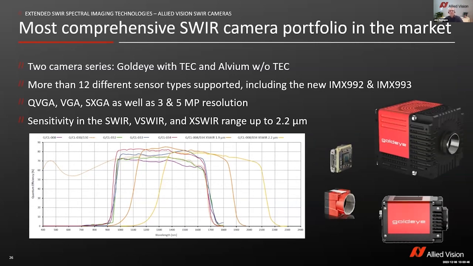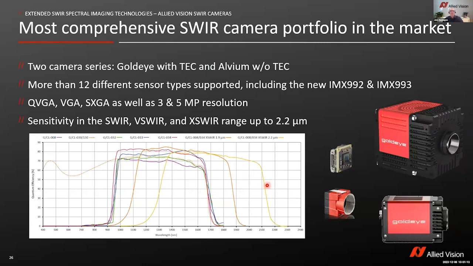So at the end, I would like to provide you a brief overview about our SWIR camera portfolio. We are offering 2 camera series, the Gold-Eye with sensors that have a TEC, and the Alvium for tagless sensors. These platforms host more than 12 different sensor types, as you can see here by the spectral sensitivity diagrams of the sensors we are supporting.